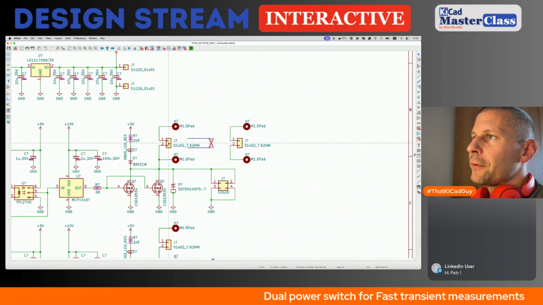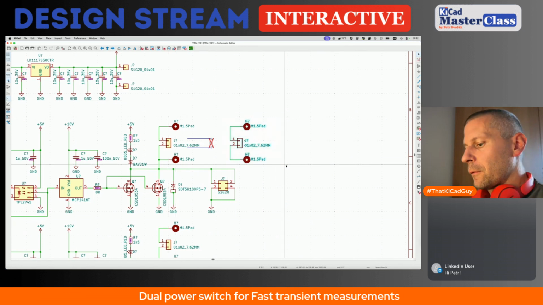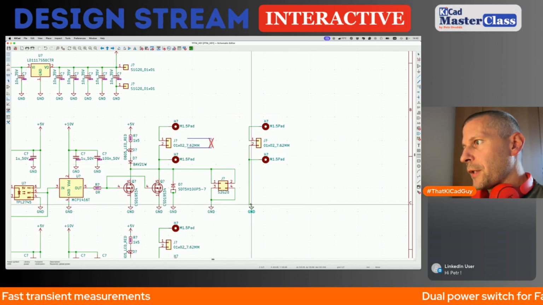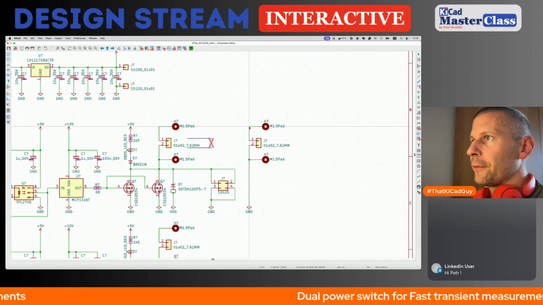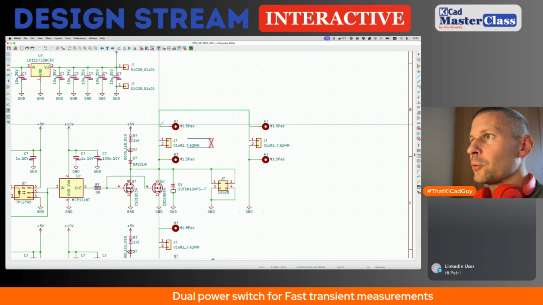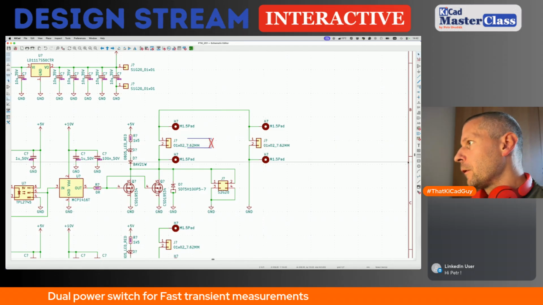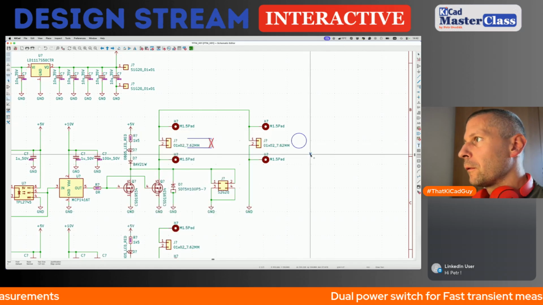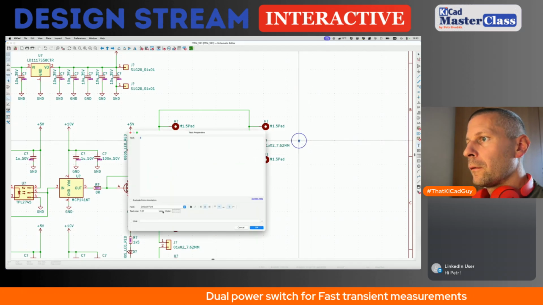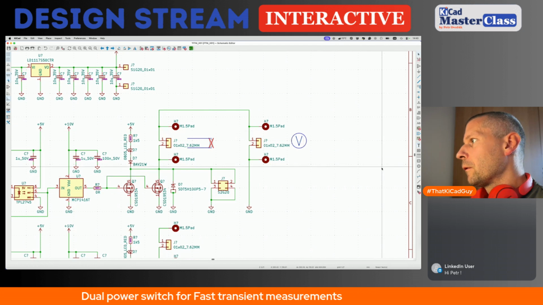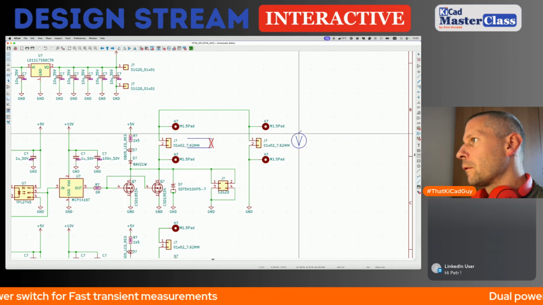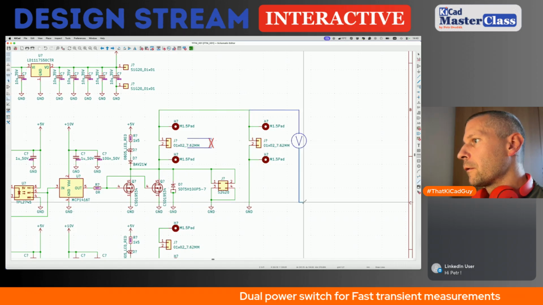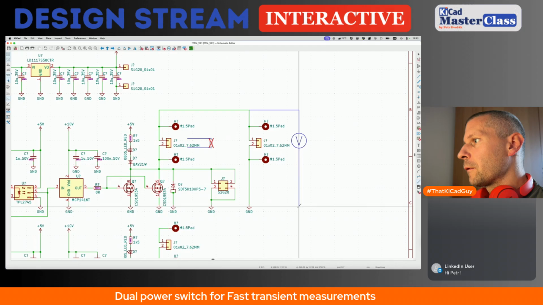So this is the load and the terminal connecting the power supply will be here. Here and here.